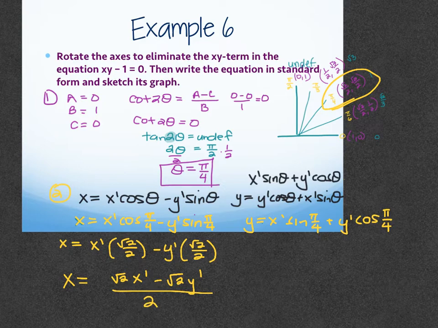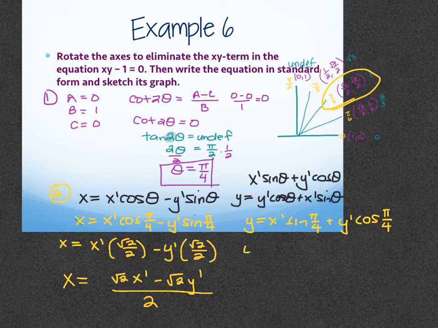They will always have the same denominator because whether it's root 3 over 2 and 1/2 or root 2 over 2 and root 2 over 2, those will always have the same denominator, and then obviously the other ones have whole numbers, zeros and ones. And then y, I'm going to do the same thing.